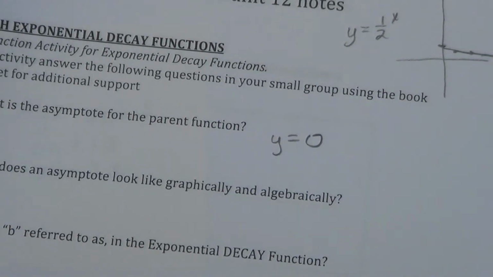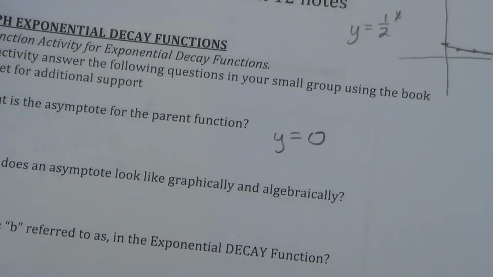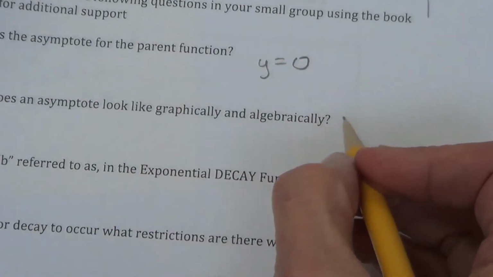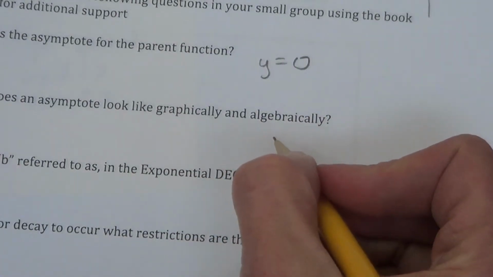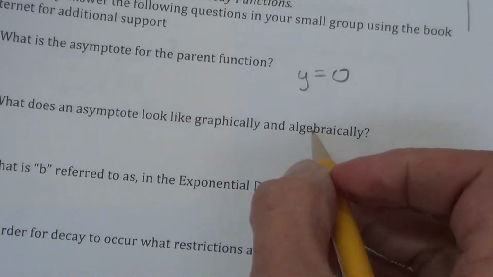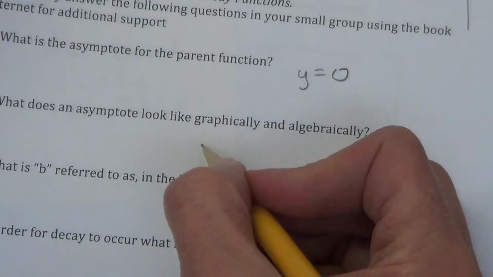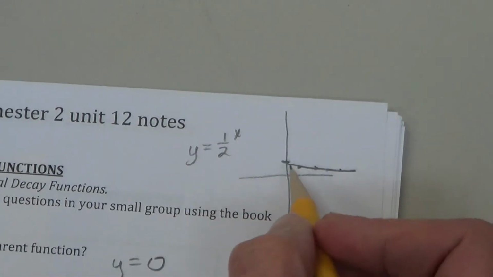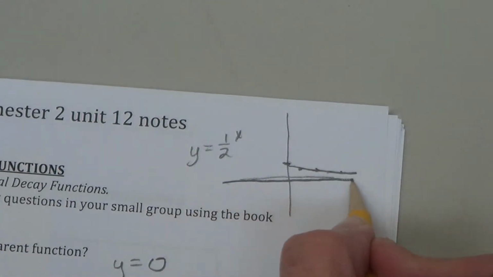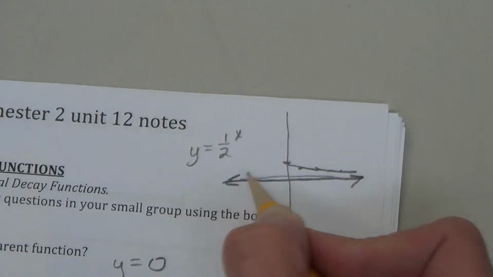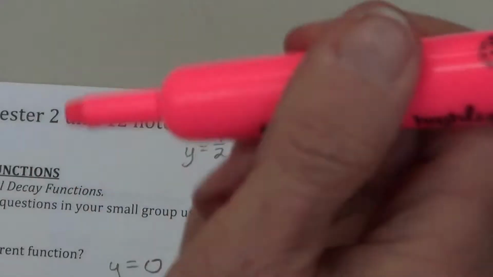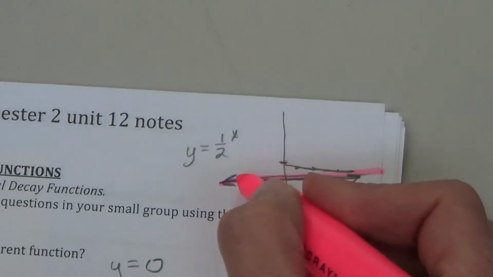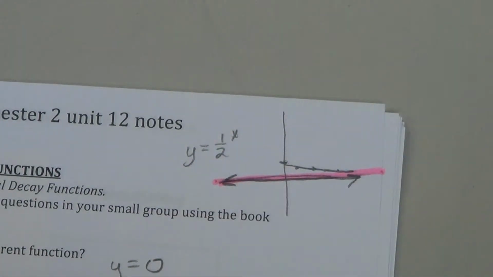What does the asymptote look like algebraically and graphically? Well, graphically, I'll just show it up here since we've already got it drawn. It's like that, and I ask you to highlight that asymptote line showing me it's never going to touch there.